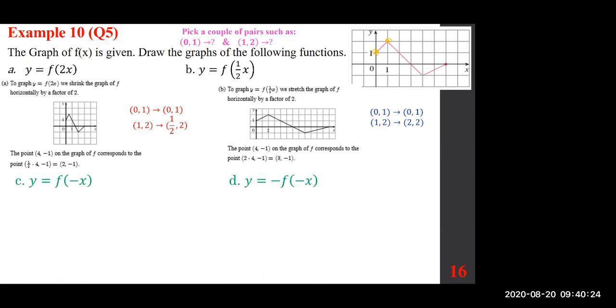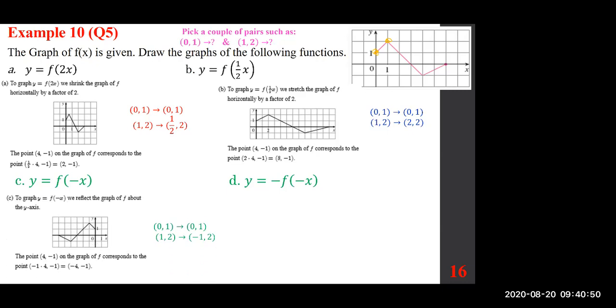Now, finally, we are looking at part C and D. So part C, f of minus x. That means for the same y coordinate, x is changing to minus. So 0 changes to -0, which means nothing. It's the same thing. So 0, 1 stays the same. But for 1, 2, 1 changes to -1.